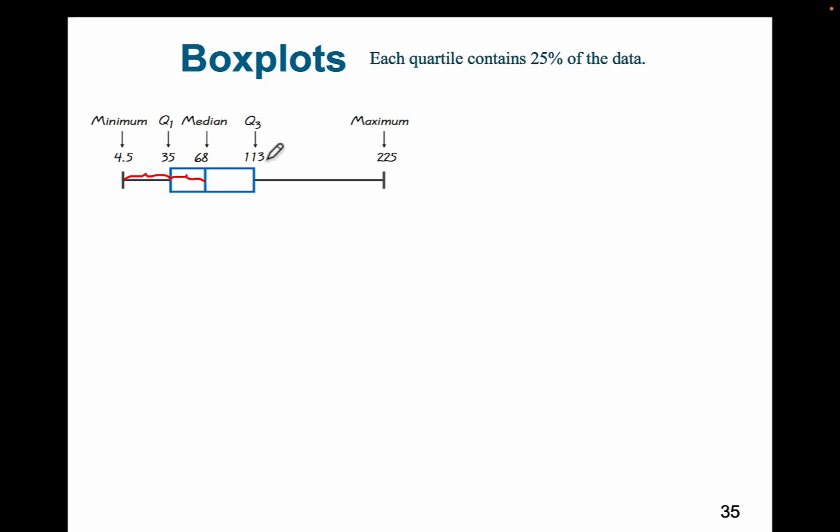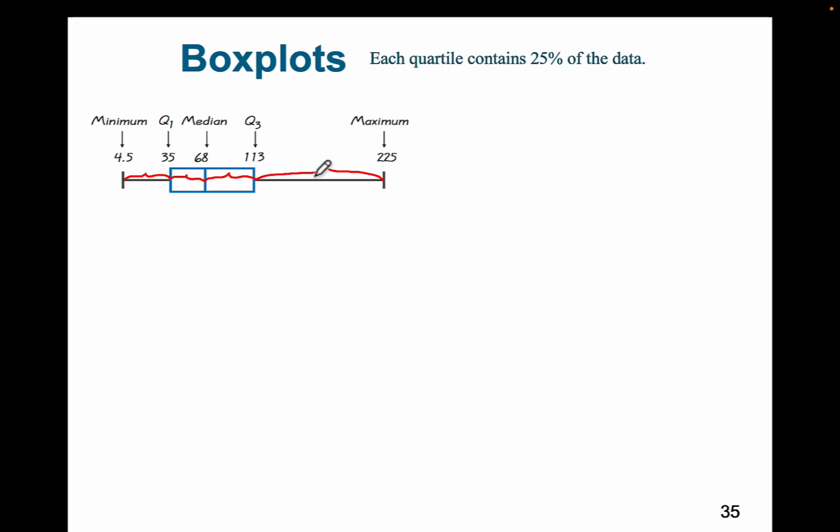Quartile 3 has a value of 113, so this would be the third quartile. And this set of data, which wasn't provided to us, we're just told it has a maximum of 225, so this would be the fourth quartile. Each one of these quartiles contains 25% of the data.